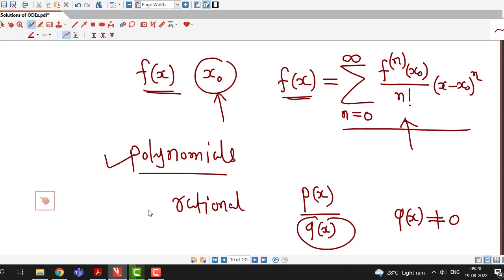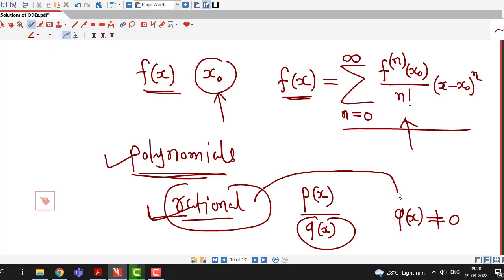We will mainly focus on these two types of functions because in our chapter we will be concerned with these two special types only. Again, polynomial functions are analytic everywhere, and the division of two polynomials is a rational function, which is analytic at those points at which the denominator is non-zero.